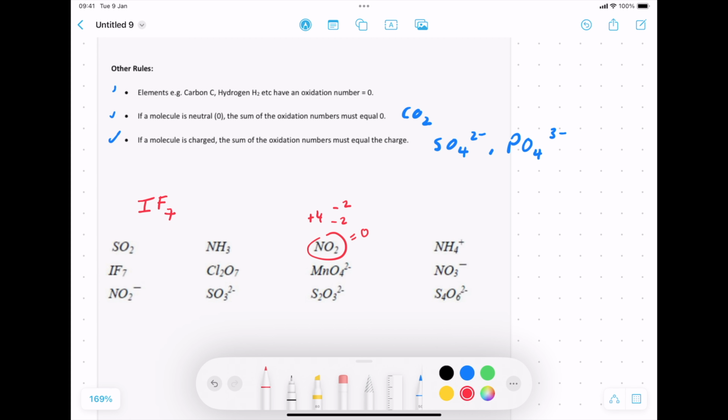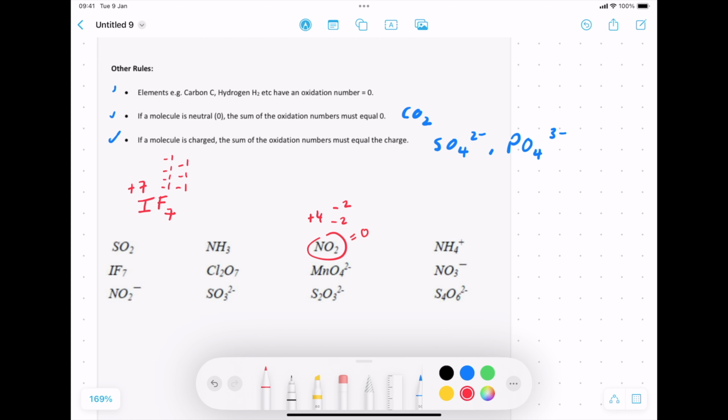So that will always be the negative number. There are 7 fluorines, so each one would be -1. Now you'll notice I'm writing this out the long way. I've not written -7, I've written 7 lots of -1, which means for iodine, to balance this, it must be +7.